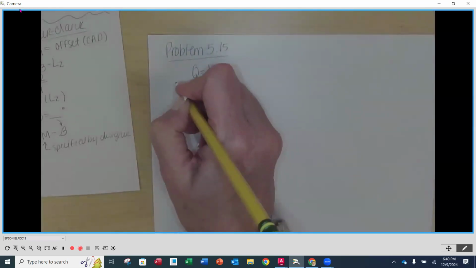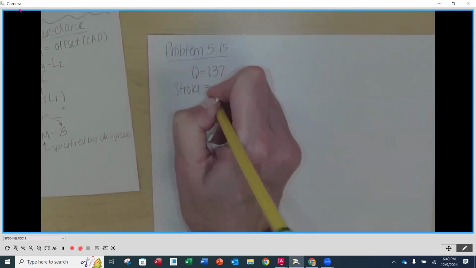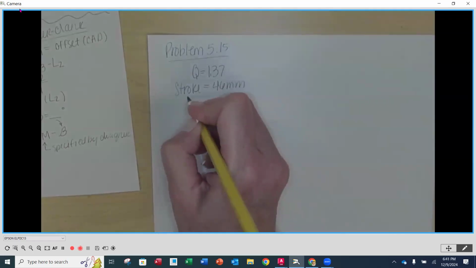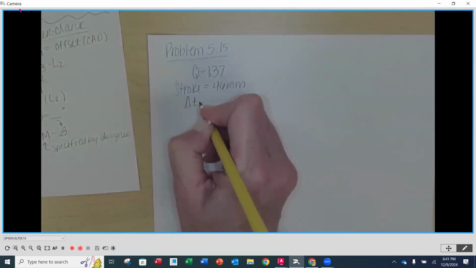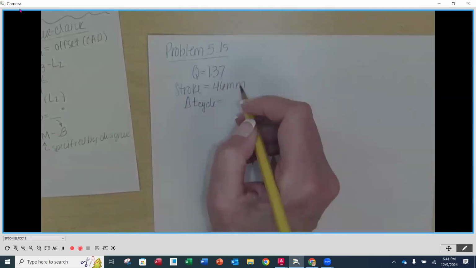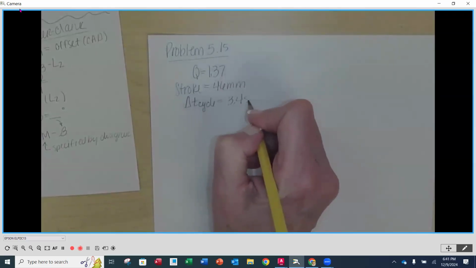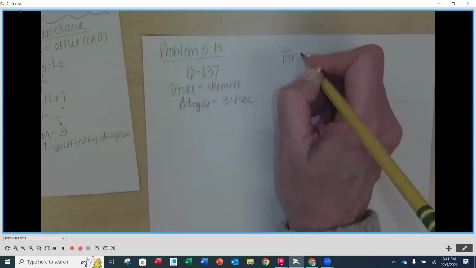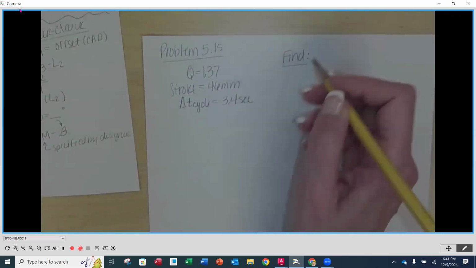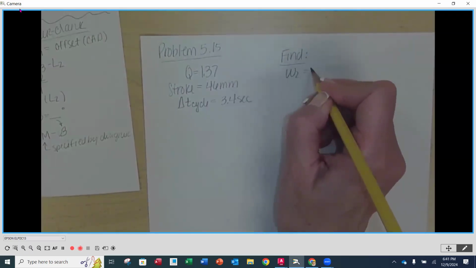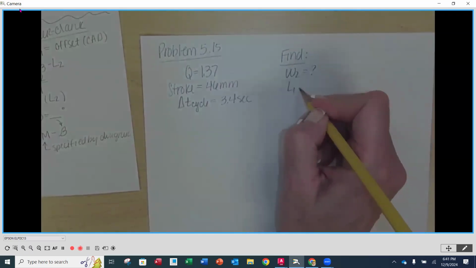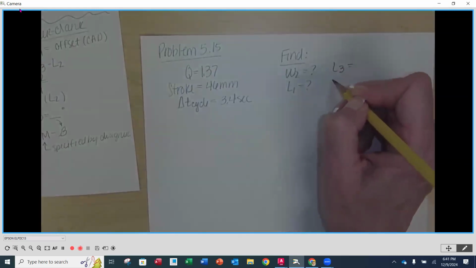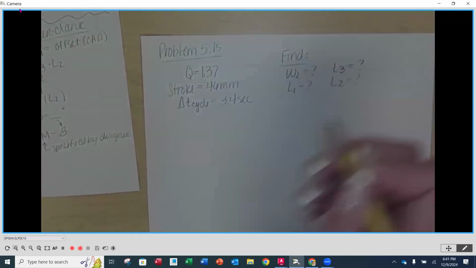Our stroke, 46 millimeters. And our total cycle time is 3.4 seconds. We need to find W2, L1, L3, and L2.